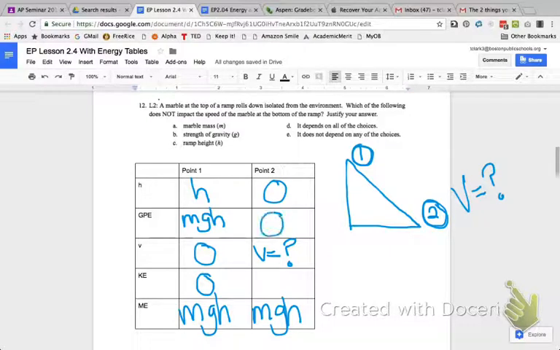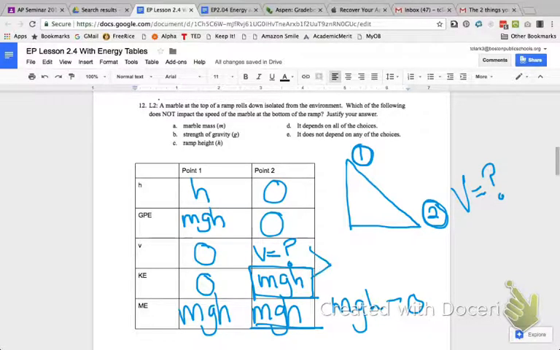Our GPE here is 0, so this here is going to be what's remaining to make mgh our total energy. So that's going to be mgh minus 0. So mgh. So now we can use this to find an expression for velocity.